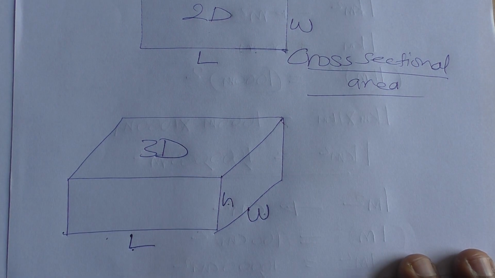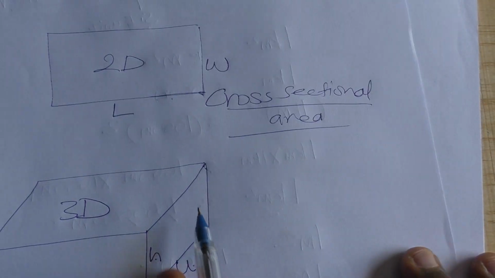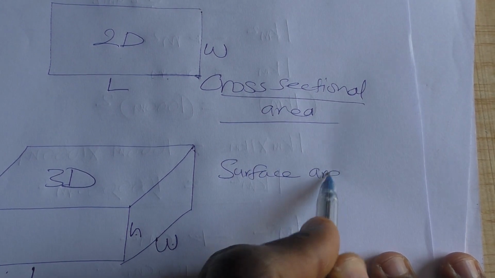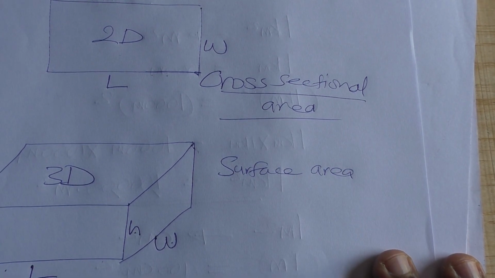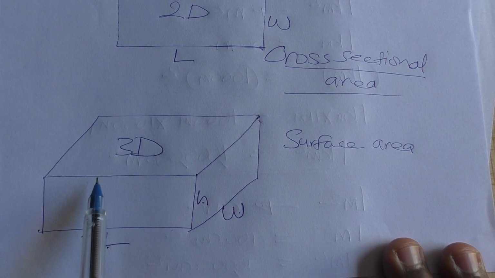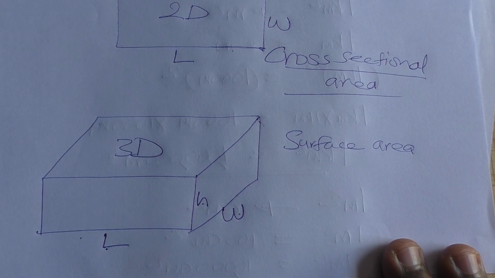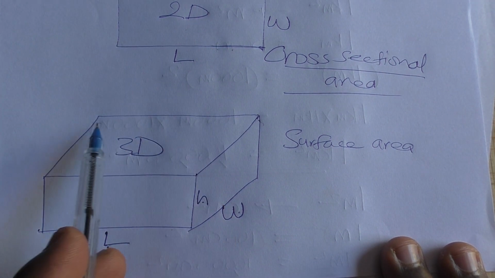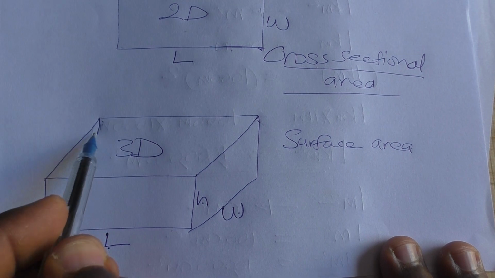Now, from here we get what we call the surface area. How do we get the surface area? This one has 6 faces. This side has the opposite side, which is not seen.